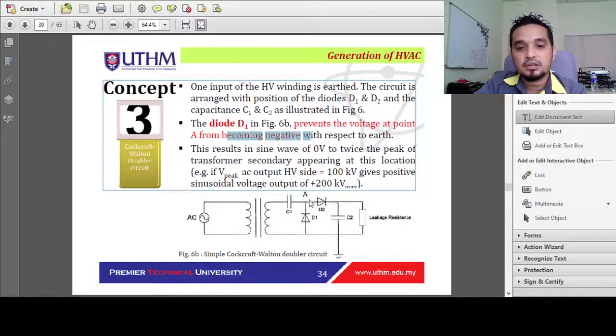So we will have 0 volts here up to twice the peak of the transformer at the output. If the AC output is 100 kV, then the sinusoidal output will be 200 kV max. This is the Cockcroft-Walton doubler circuit. This is how we manage to get the double.